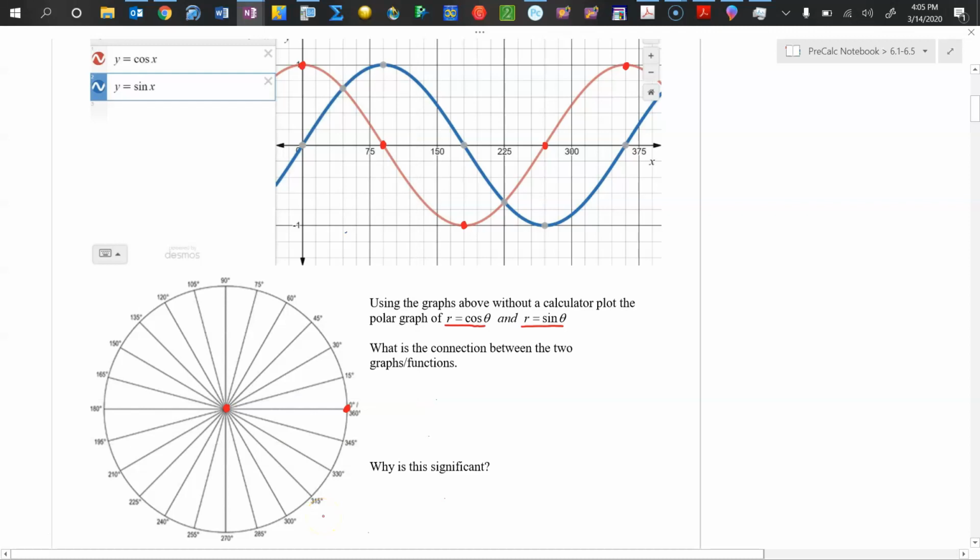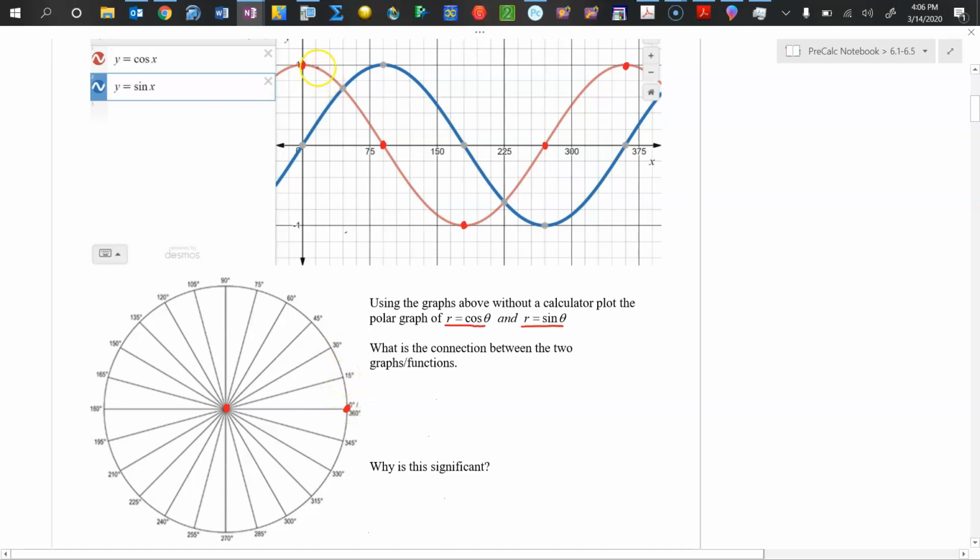So what happens in between? Well, let's take a look at some points between x equals 0 and x equals 90 on the Cartesian graph above. What we know is that as x goes from 0 to 90 degrees, y, or the cosine of x, is actually decreasing. So the r value is going to do the same thing, and we can graph some points.